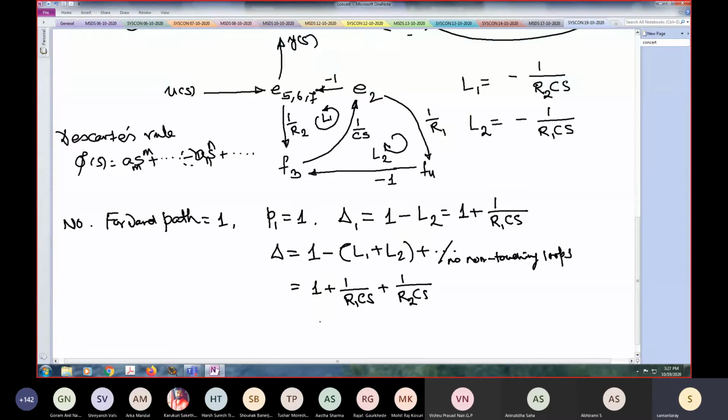Now the total transfer function C(S) is equal to P1 delta 1 by delta, that is 1 plus 1 by R1 CS over 1 plus 1 by R1 CS plus 1 by R2 CS.